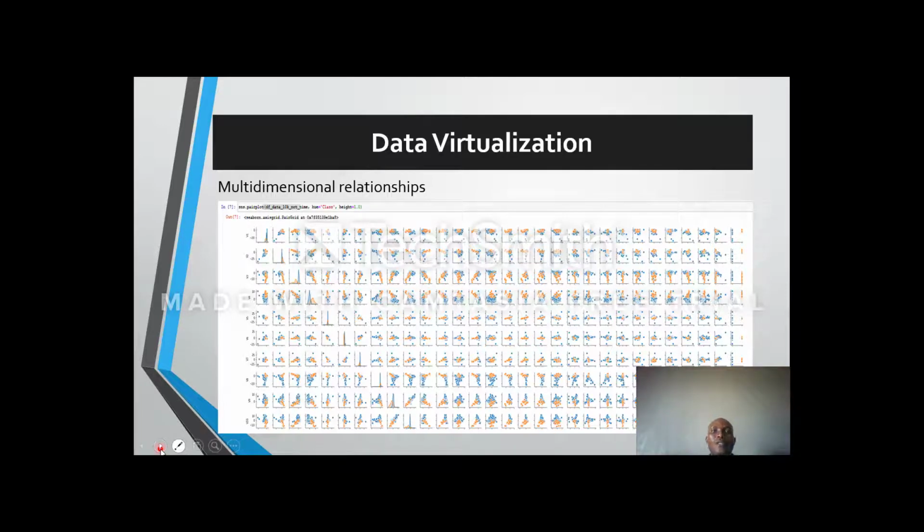Let us look at the multidimensional relationship between these data. As you can see on the observation, for each of the observations from the data set, there seems to be a tight relationship between the columns. Almost all the columns have a relationship between them.